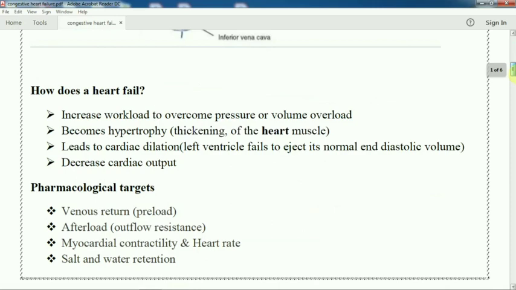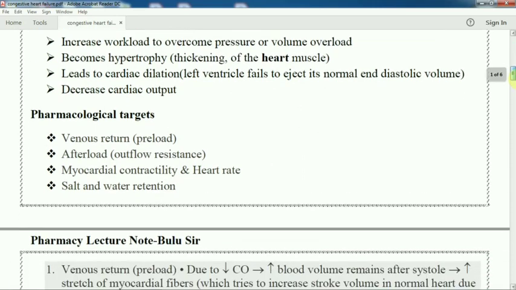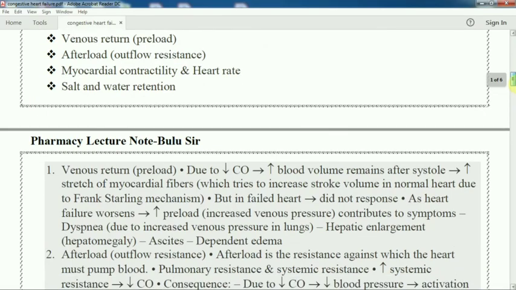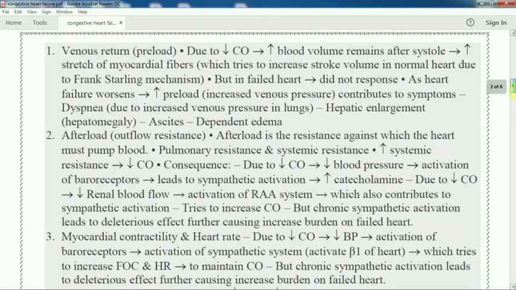So what is the pharmacological target? The preload, afterload, myocardial contractility, salt and water retention. What happens in preload? Due to decreased cardiac output, the volume of blood present in the ventricle increases, so the amount of blood present in the ventricle causes myocardial stress.